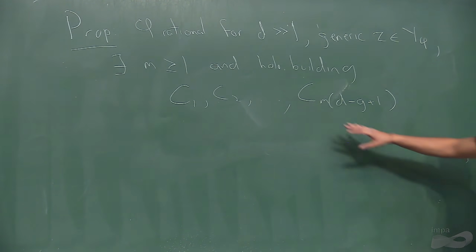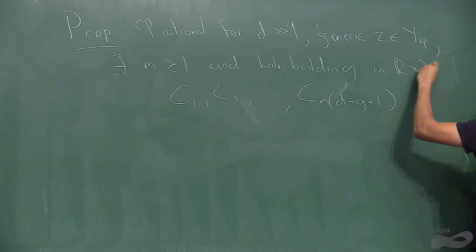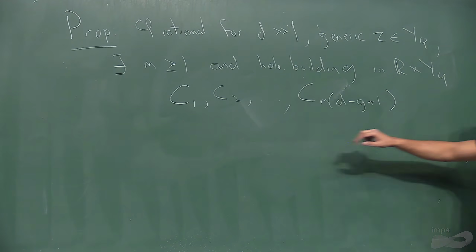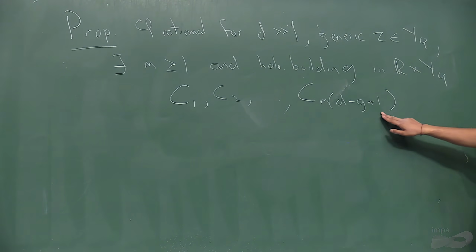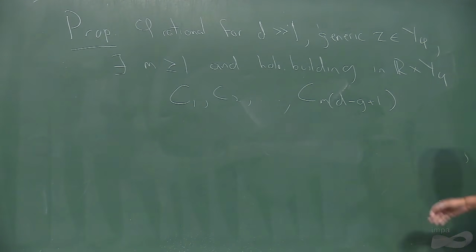So it's a holomorphic building in R cross the mapping torus with exactly this many levels. So it's m times d minus g plus 1, where g is the genus of the surface.